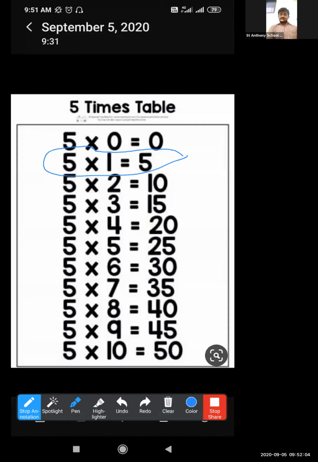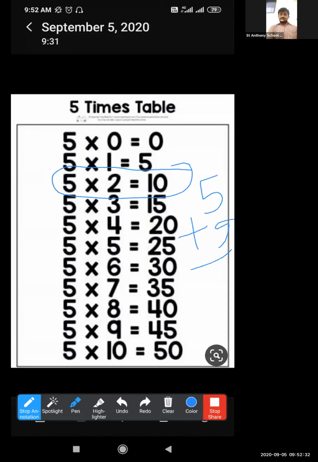Now see the below. 5 into 2. What is the exact meaning of this 5 into 2? The meaning of this sum is to add 5 two times. That means 5 plus 5.